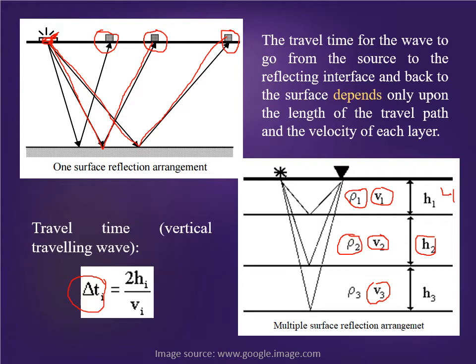So by this method, if we are able to know the H1 depth, that means the first interface depth, similarly we are able to know the second interface depth, the third interface depth, and so on, we can go far in depth from the surface.